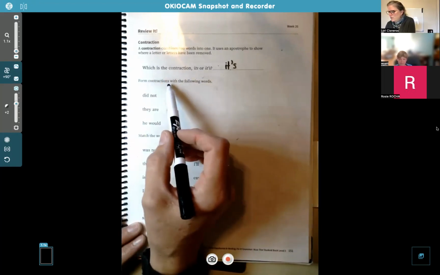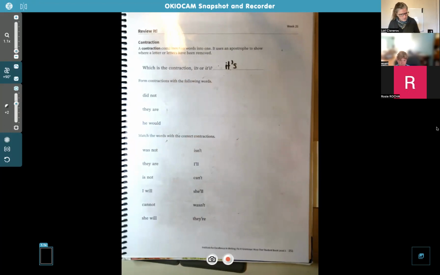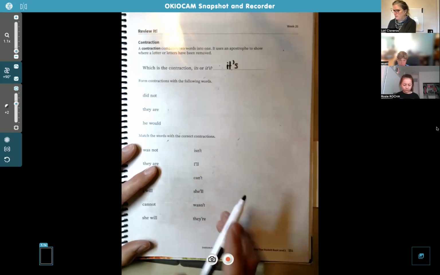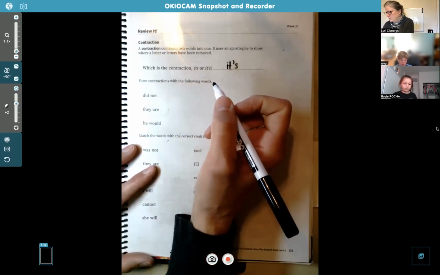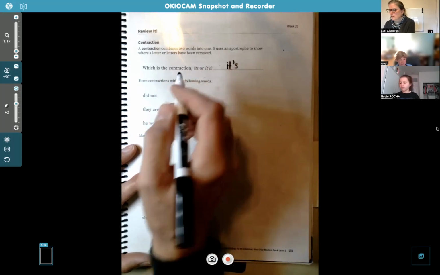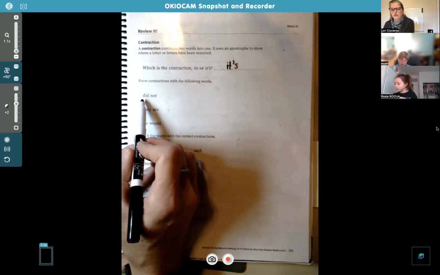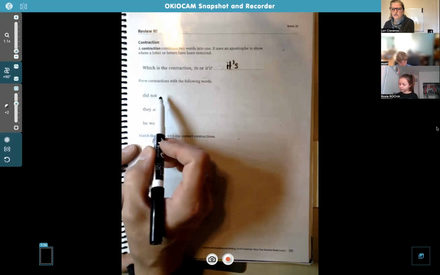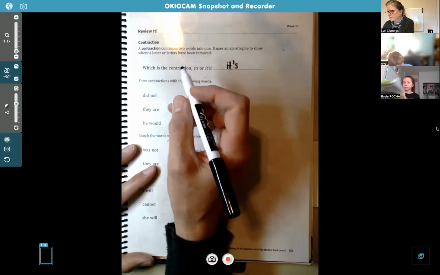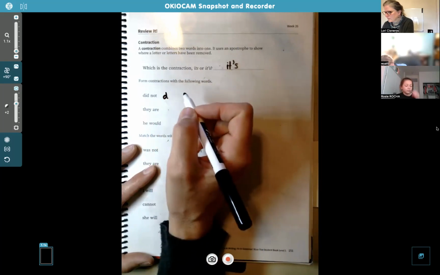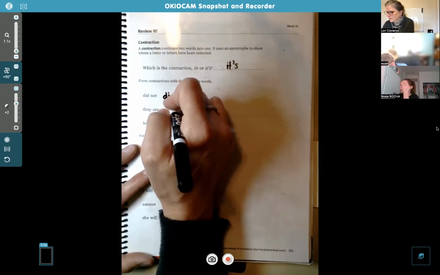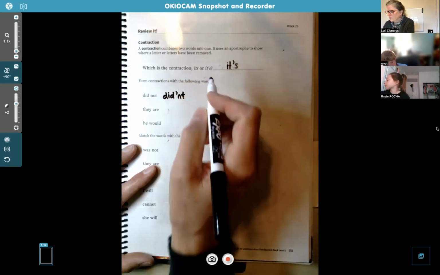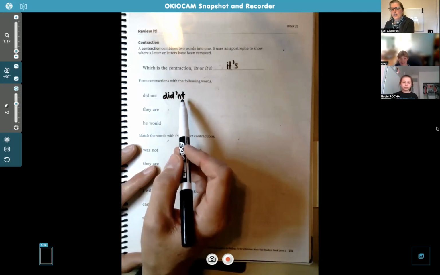Now it says form contractions with the following words. This will be pretty easy. So did not. What contraction is did not, Wyatt? Like if I were to put these two words together and make a contraction with an apostrophe, what is the word? Did not. Close, but not quite.